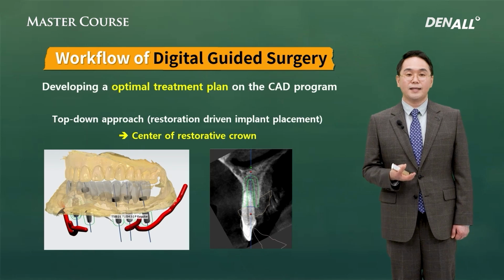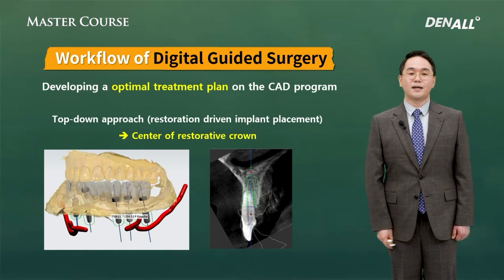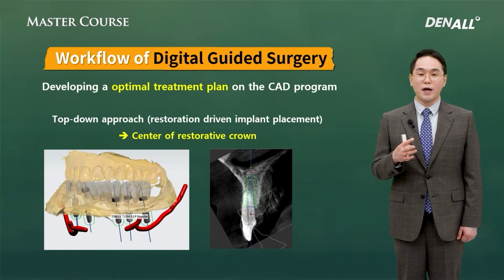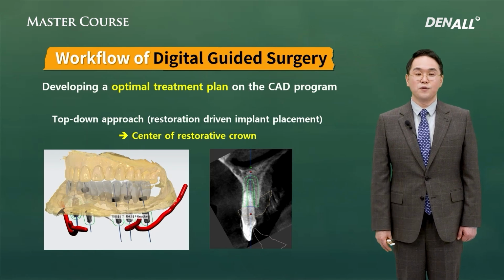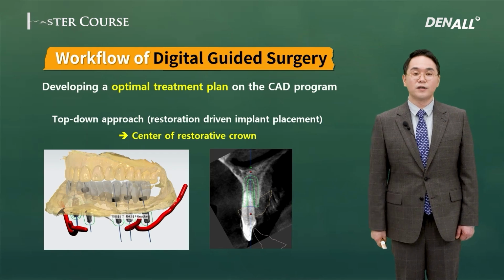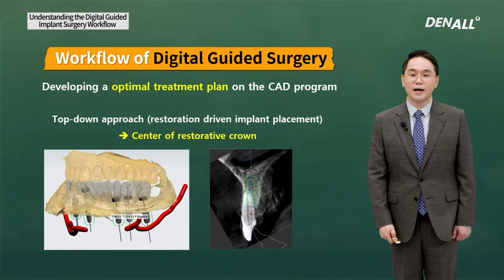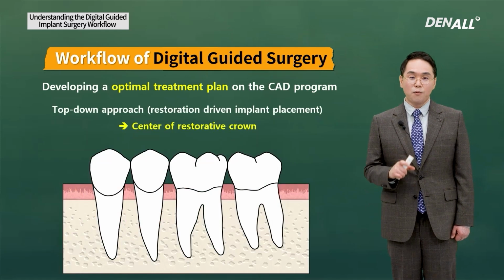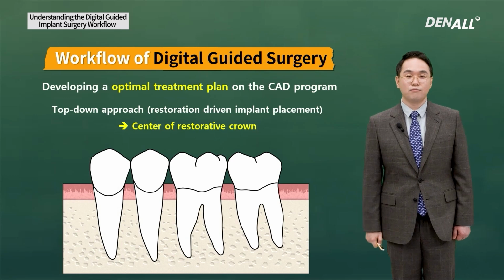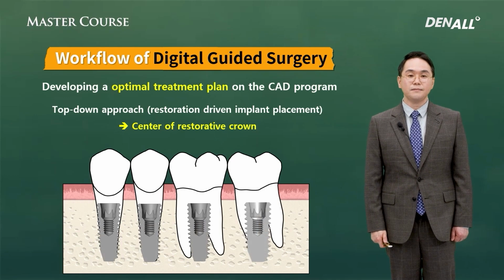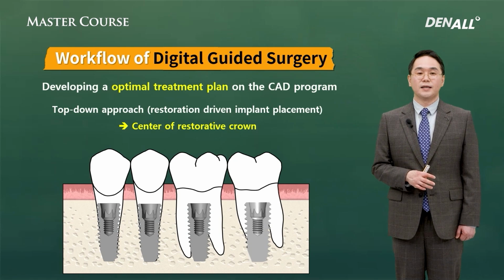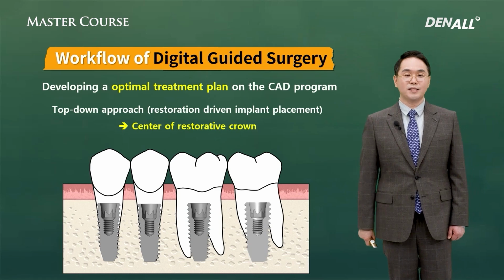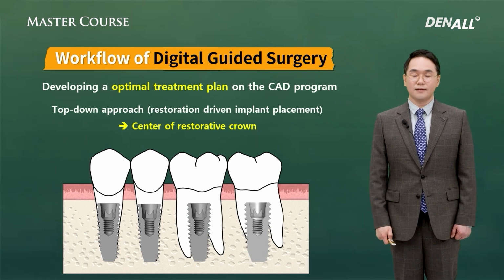The surface scanned data is used to design the prosthesis. The relation to opposing teeth and the relation to adjacent teeth are considered to design the prosthesis. After that, to support the prosthesis, ideal positions of implant placement are identified, enabling a top-down approach. In other words, restoration-driven implant placement.